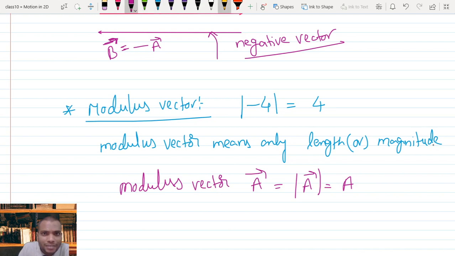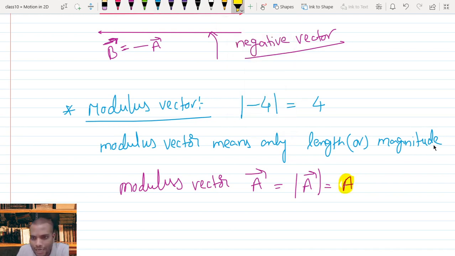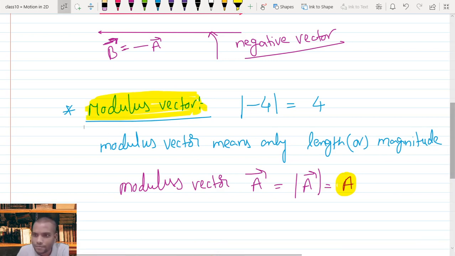So a modulus vector does not have direction; it has only magnitude or length. This modulus of a vector is very important to define another very important vector, which is known as the unit vector.